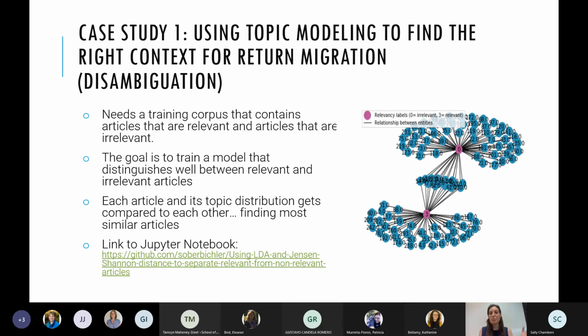Just imagine an Excel file with the text and metadata, or a CSV file, and then you have the information: number 3 means it's relevant, and number 0 means it's not relevant. So I created a corpus like this and imported it into the Jupyter notebook, and my goal there was to train a model that can distinguish well between the relevant and non-relevant articles.